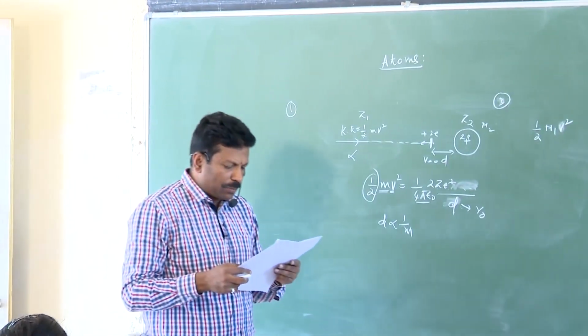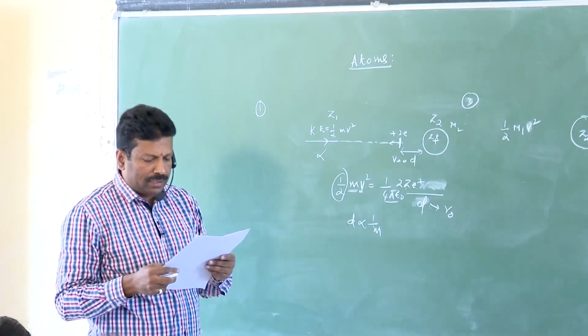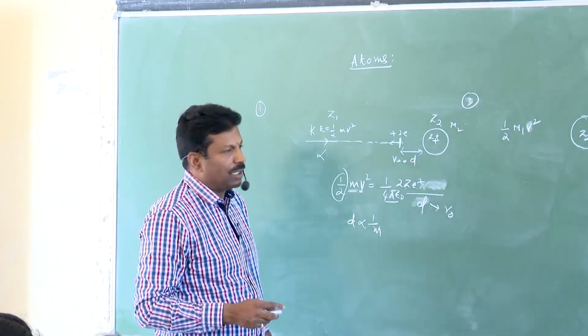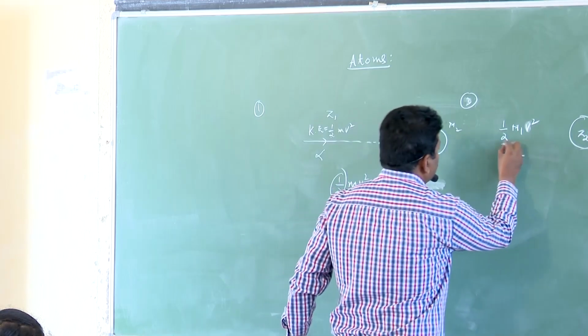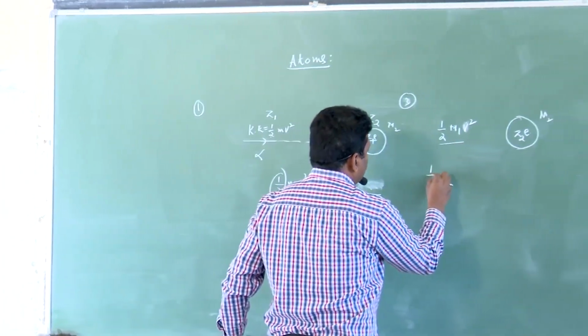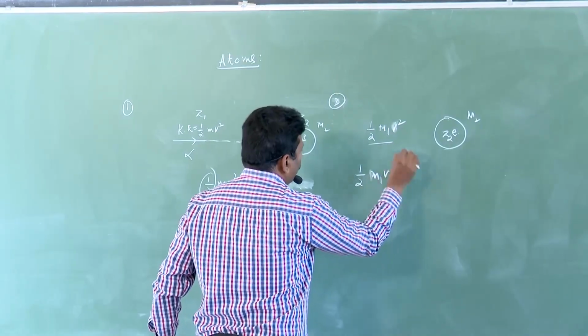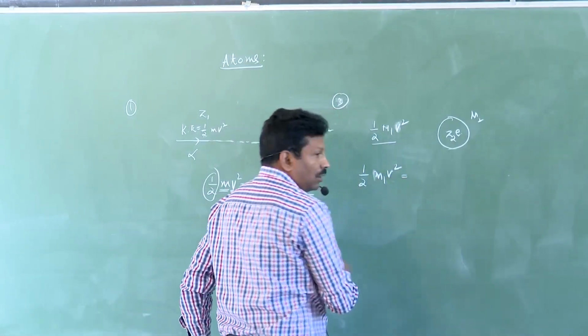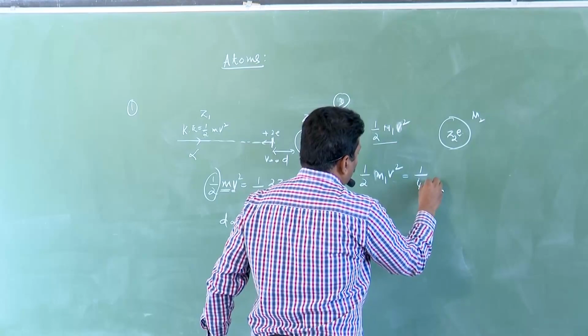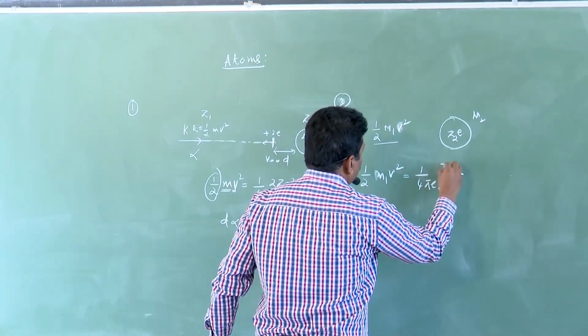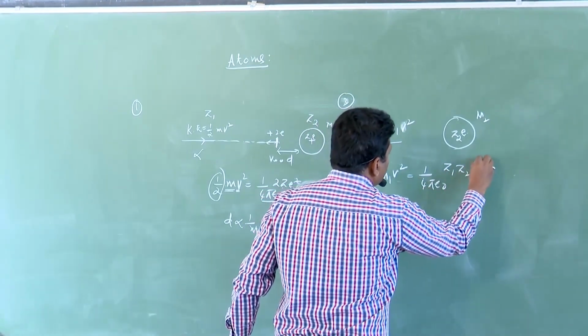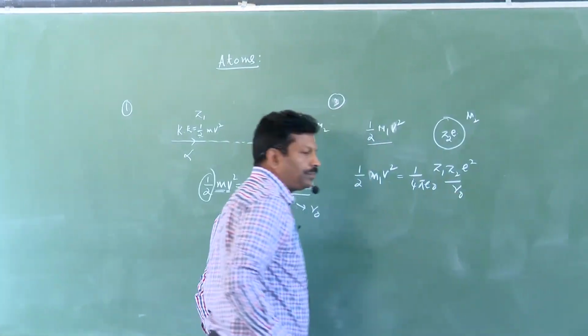The distance of closest approach is r0. What is the energy of the projectile? We are talking about this energy, right? So this is equal to half m1 v squared is equal to 1 by 4 pi epsilon naught Z1 Z2 e squared by r0.